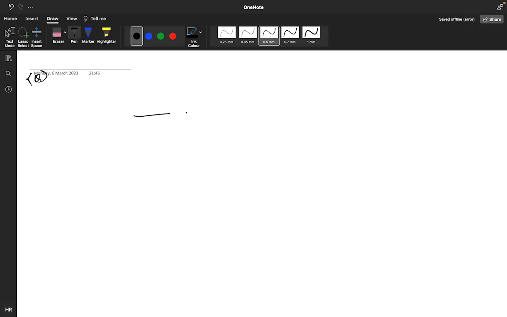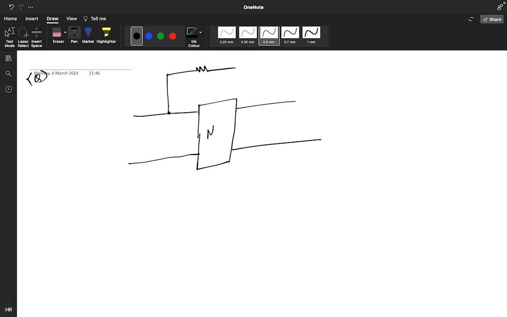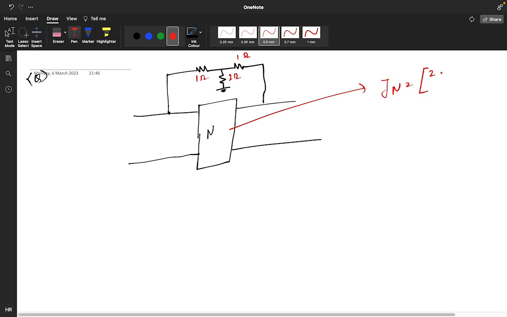If you have a two-port network like this, okay, this is a two-port network, and from here it is given a T network, okay, it's grounded, the value is 1 ohm, and this is 2 ohm, and this network is given Y of N equals 2 minus 1, 5 3.